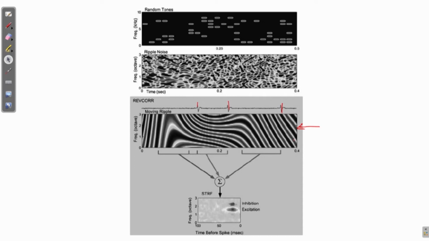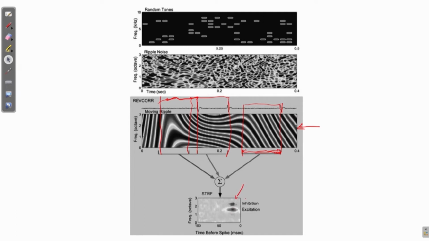It is just like a noise-like stimulus. If we take a segment of the spectrogram, this particular part for this spike, and this particular part for the first spike, and average or sum them together, what we find is what we call the spectrotemporal receptive field.